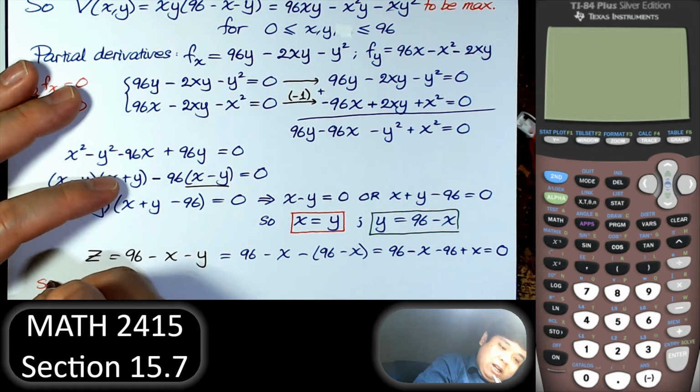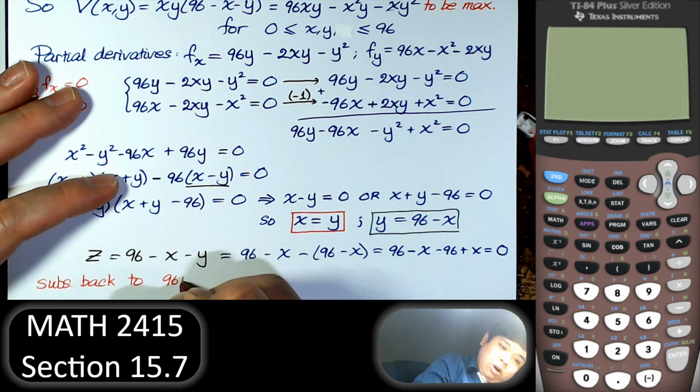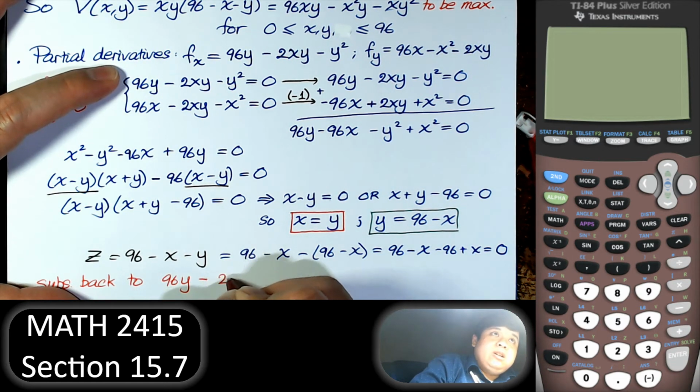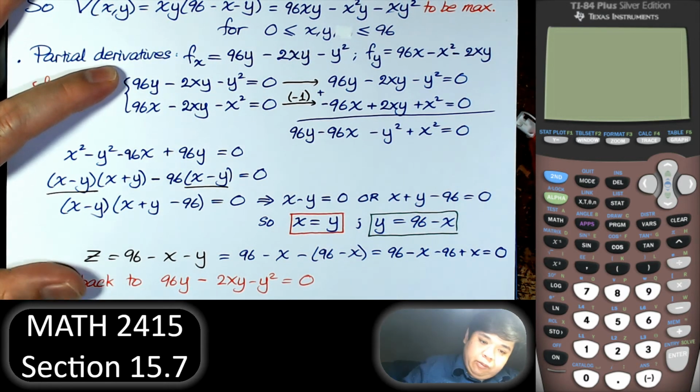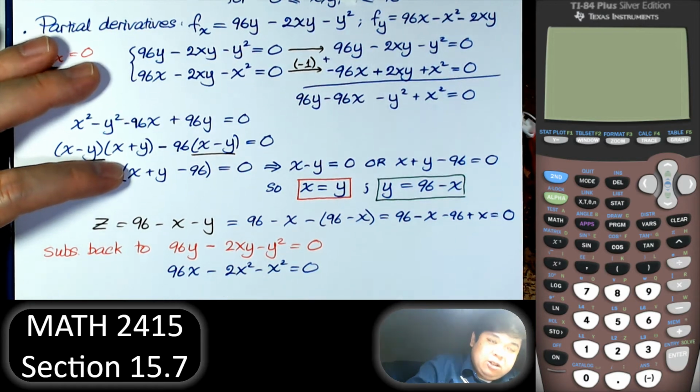With x equal to y, we will substitute back into either one of these equations. Let's use the first one. X equal to y, so we just replace: 96x minus 2x squared minus x squared equal to 0.